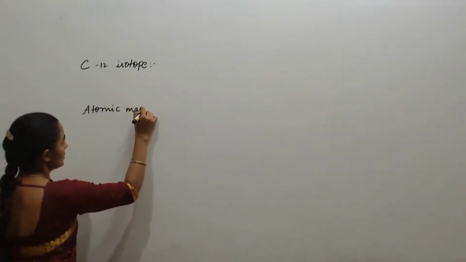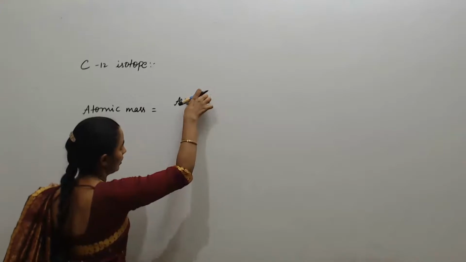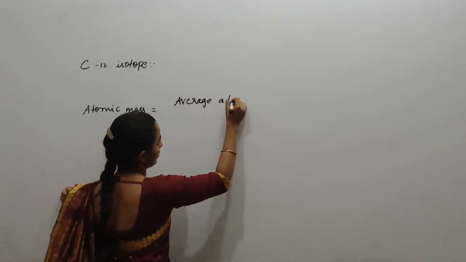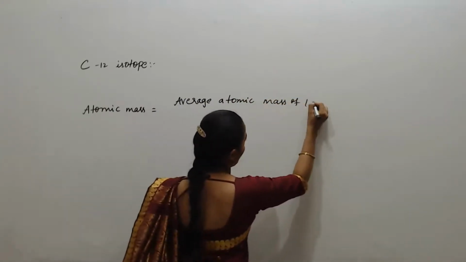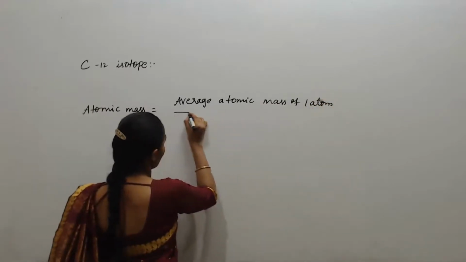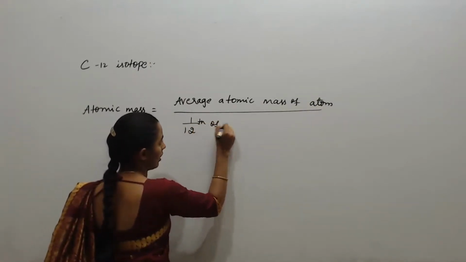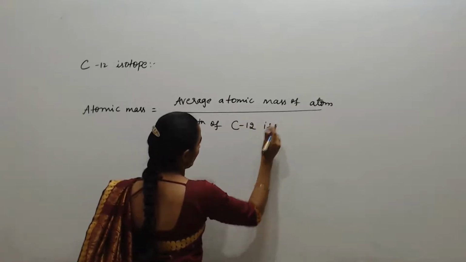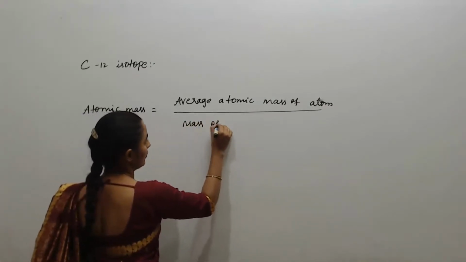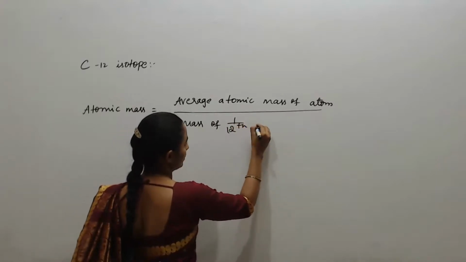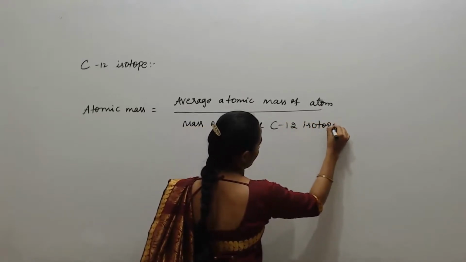For example, I'll write here: atomic mass is equal to the average atomic mass of one atom divided by the mass of 1/12 of the carbon 12 isotope.